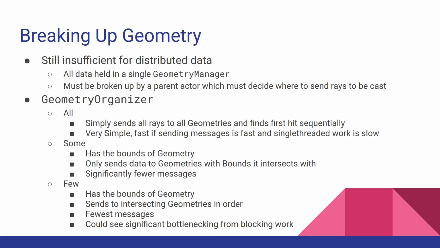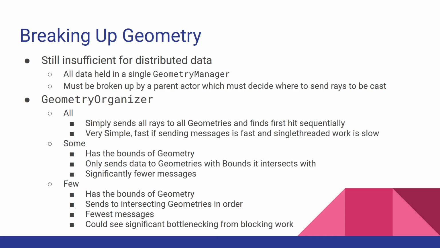The most complex, on the other hand, is the few. The few, just like the some, has the bounds of each of these pieces of geometry that the managers contain, and sends rays to them in order. So it determines the first piece of geometry this ray would intersect, and only sends the ray to that piece of geometry, and waits for the geometry manager to return.